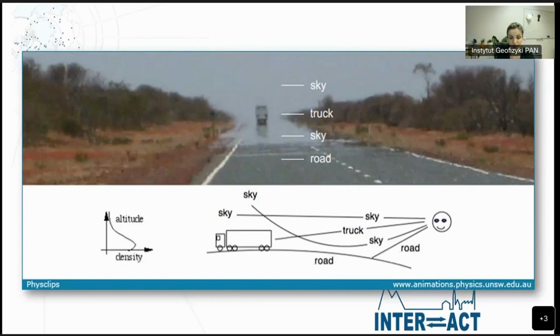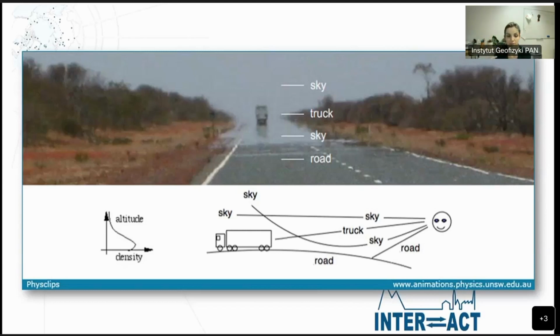So what's the mechanism and what are the conditions behind it? The trick lies in the density of air. Normally the density of air decreases with increasing altitude. So the higher we get, the lower the density, due to the weight of the air above compressing the air below. So the density in the lower part is larger than in the upper part.